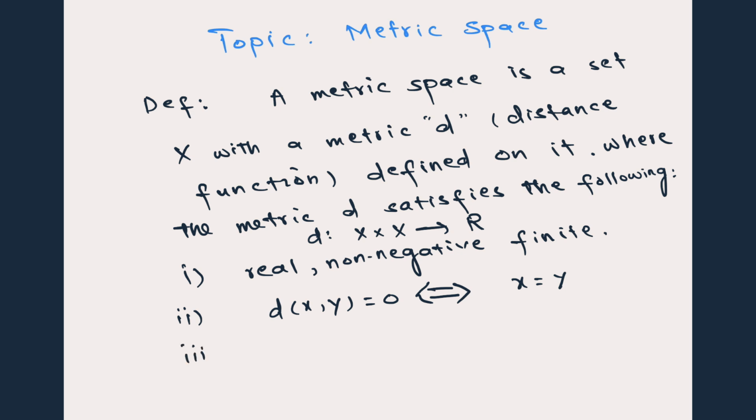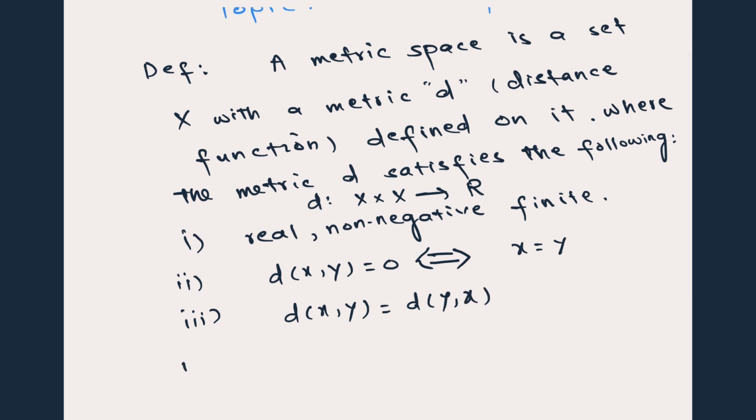And the third property is that dxy is equal to dyx, and the fourth axiom is that if we have 3 points x, y, z, then the distance from x to z is less than or equal to distance from x to y plus the distance from y to z, and this is known as triangular inequality.